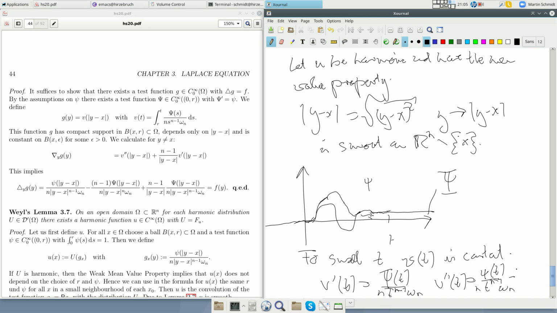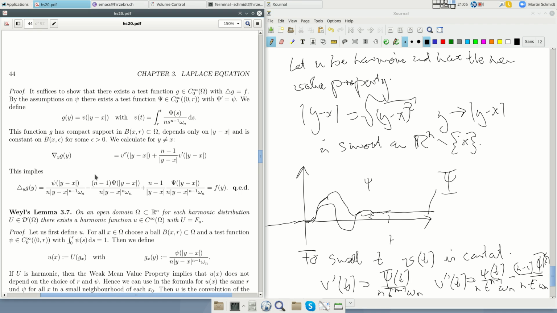It's minus n minus 1 times capital psi of t divided by n times t to the n times omega n. So for this reason we get this term with this minus, and then we get this term.